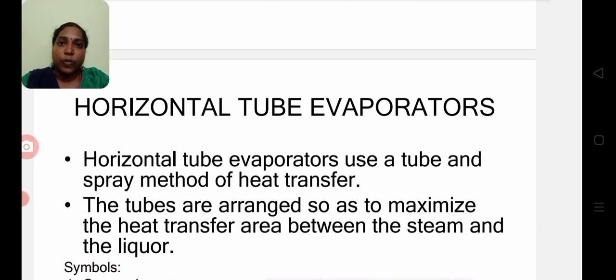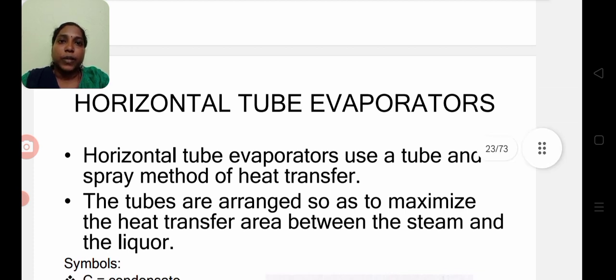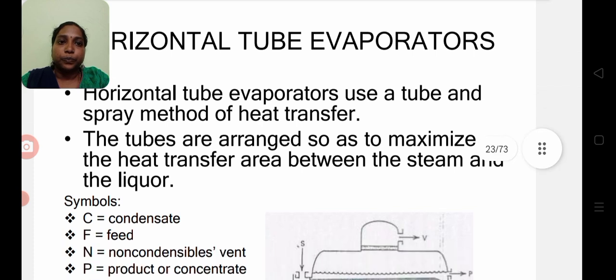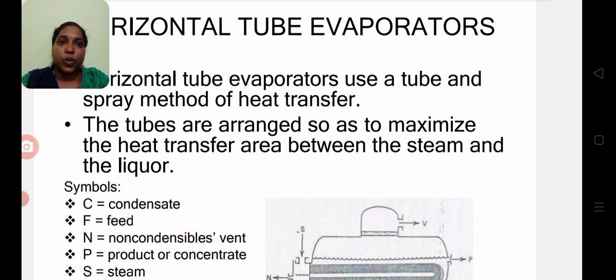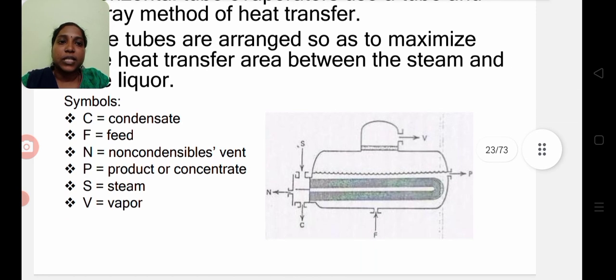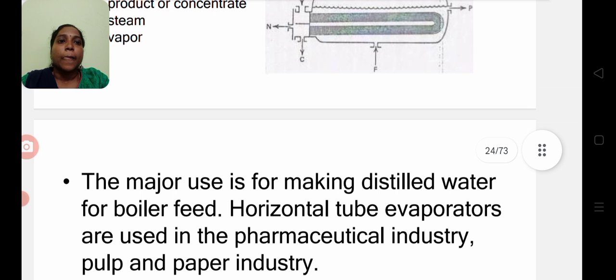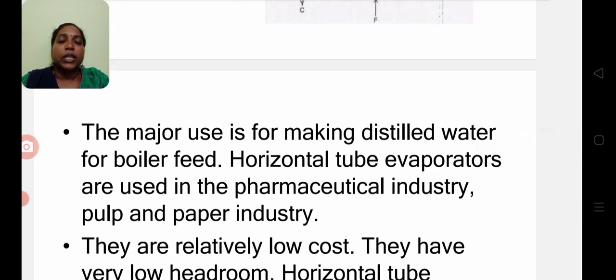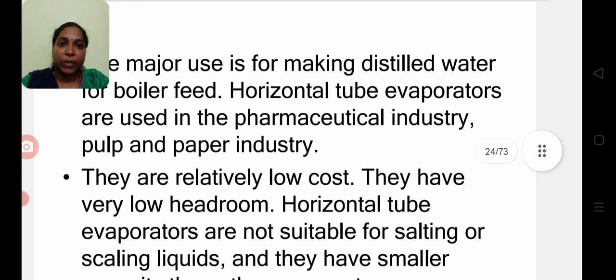In the horizontal tube evaporator, the tube is constructed horizontally. The tubes are arranged to maximize the heat transfer area between the steam and the liquid. That is the main purpose. It is used for making distilled water for boiler feed, and also used in the pharmaceutical industry and the paper and pulp industry.